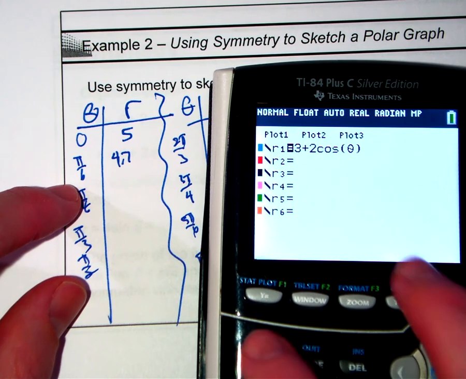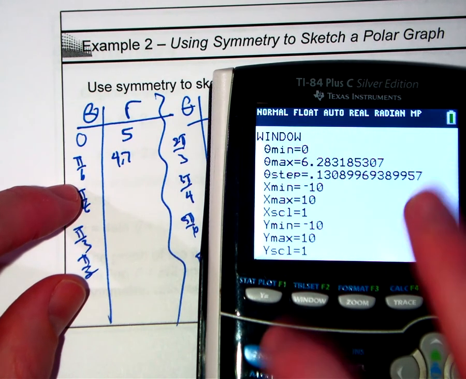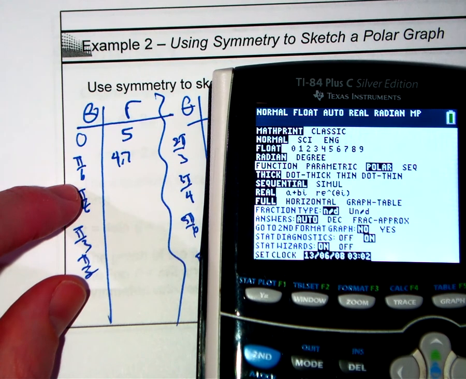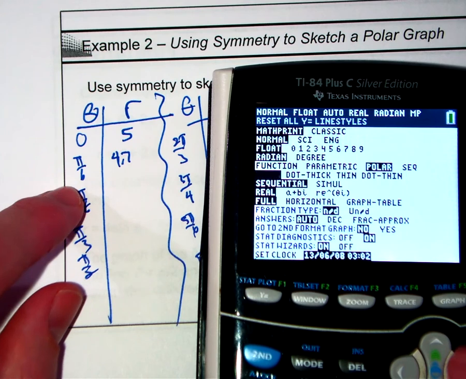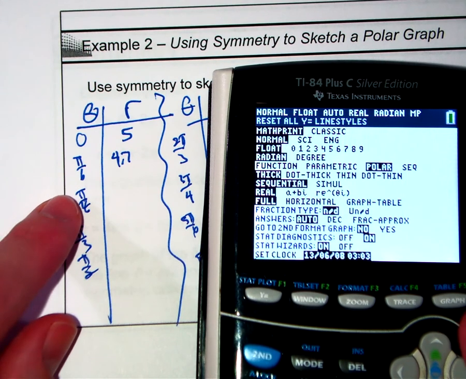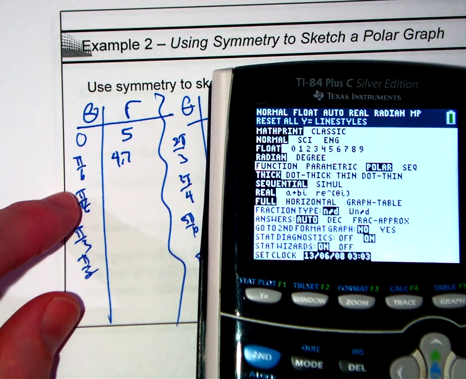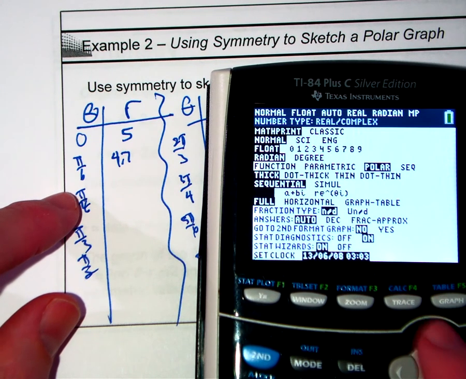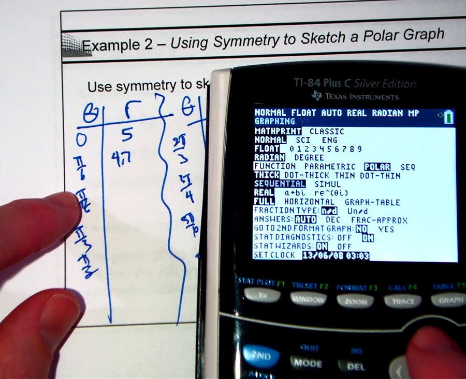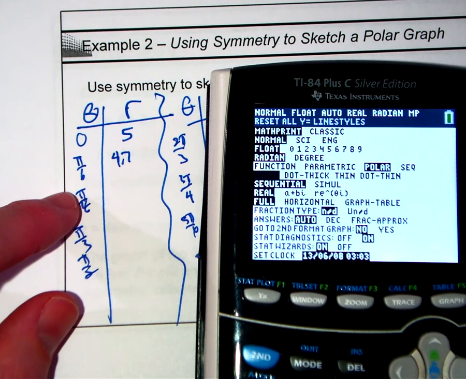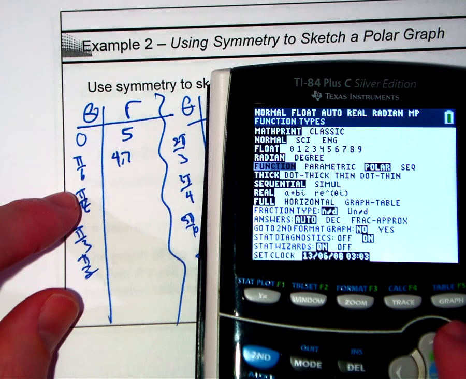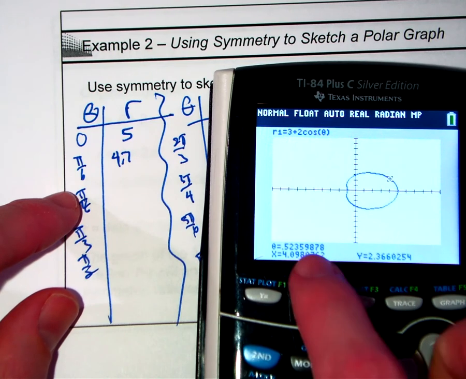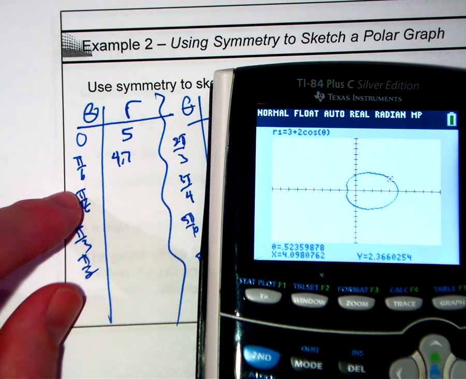They're still giving it to me in X and Y. Mode, radian, polar. Well, I guess that won't help then. I'm sure some of you are smart enough to figure out how to get it to be the round one, if that's possible. Graph, trace. Theta, no R.